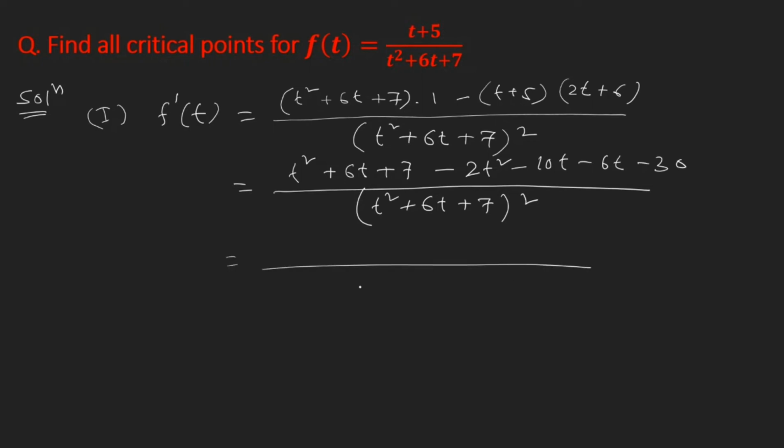So this is equal to minus t square minus 10t minus 21 over (t square plus 6t plus 7) whole square.